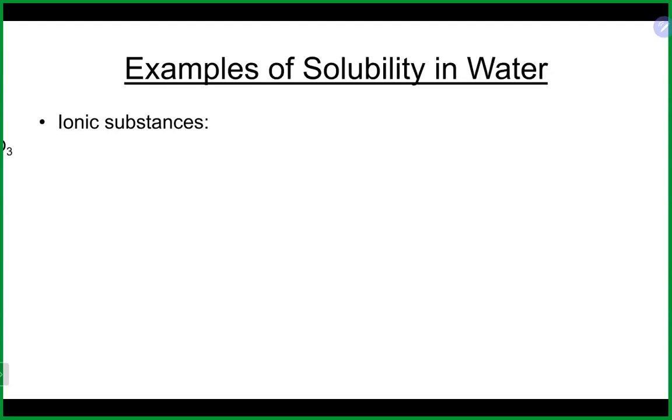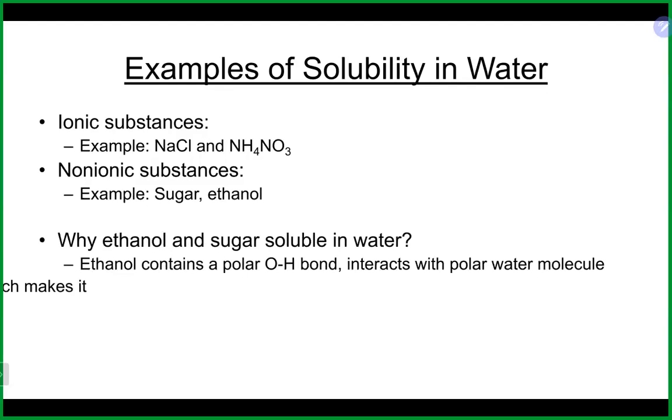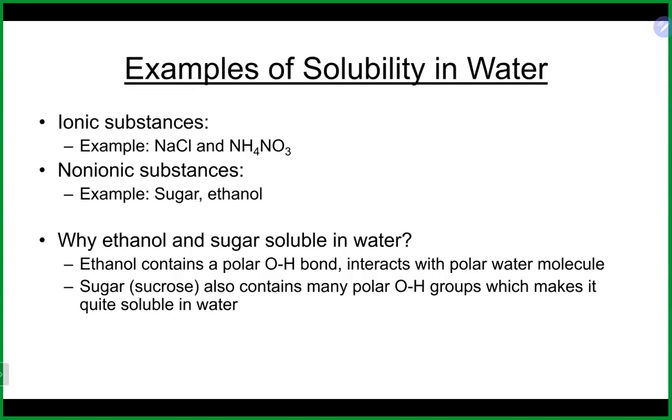So let's talk a little bit about solubility in water. If something is soluble in water, that means that if it is a solid, it will dissolve in water. If it is a liquid and it's soluble in water, what will happen? They will mix, right? And you will not see different layers. And obviously, if you have a solid, it will dissolve into the water.